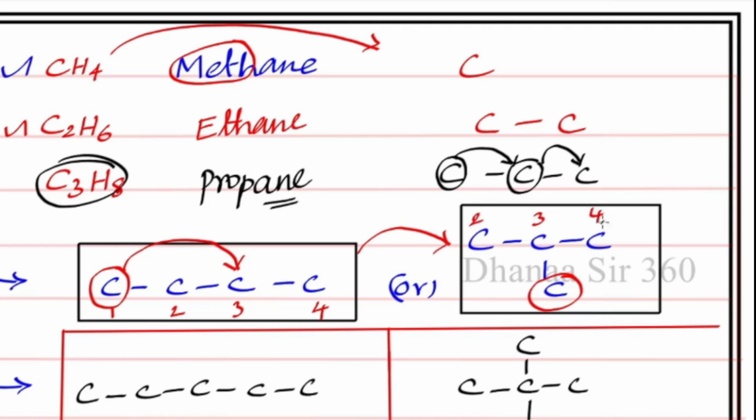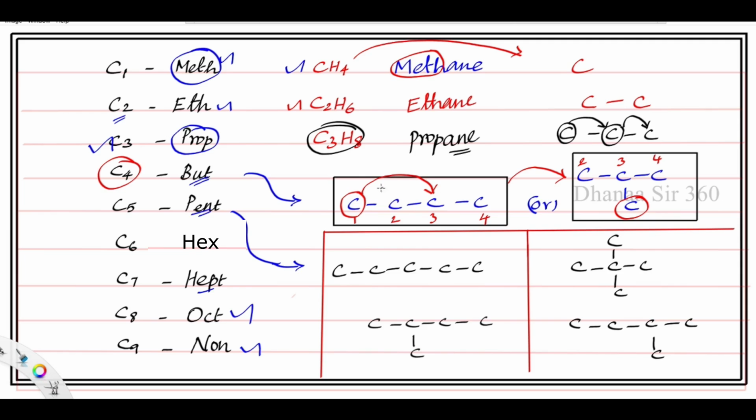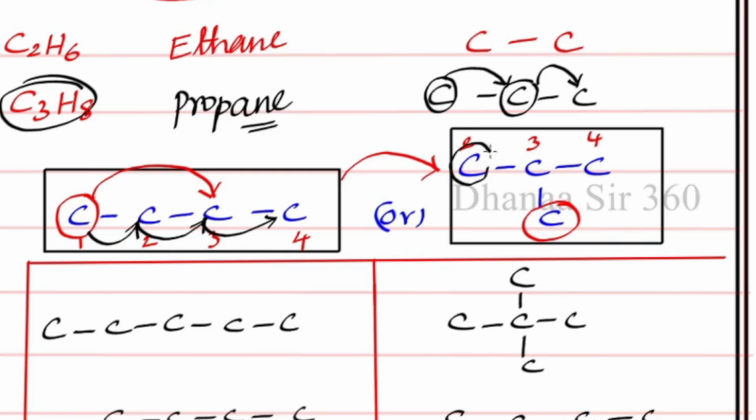In box 1, the first carbon is connected with the second carbon, third carbon and fourth carbon linearly, so all carbons are continuously connected. On moving to the second box, here the second carbon is connected with the third carbon linearly and also the fourth carbon.